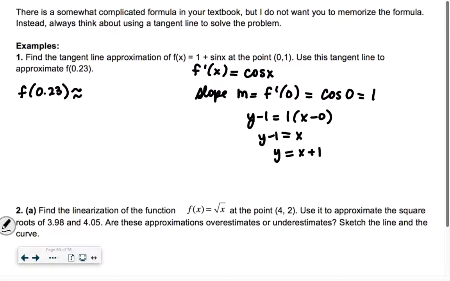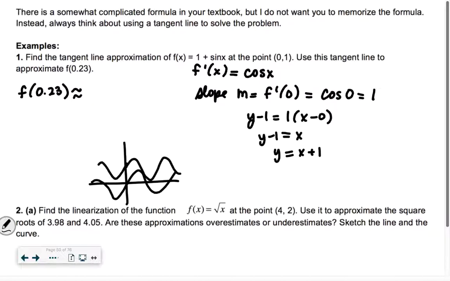So I can make that my y equals mx plus b, it's the b. Does that make sense? So you don't have to do the y minus y1 in that case. Okay, so this is my tangent line approximation. And if you ever graphed 1 plus sine of x, it looks like sine of x, only it's been shifted.